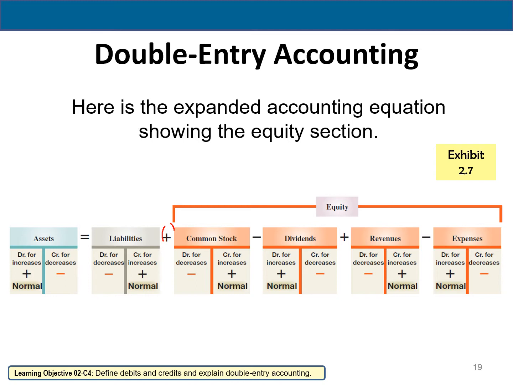But because you have a minus sign here in front of dividends, debit is going to increase instead, and a credit is going to decrease. Your revenues have a plus sign in front of them, so they work the same way as common stock and the same way as liabilities. But because you have a minus sign here in front of expenses, you're going to do the opposite. You're going to debit to increase expenses, and you're going to credit to decrease them.